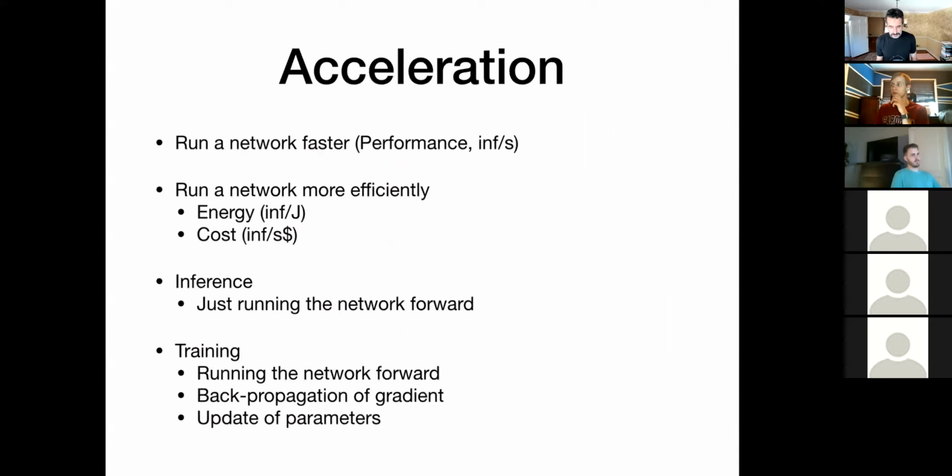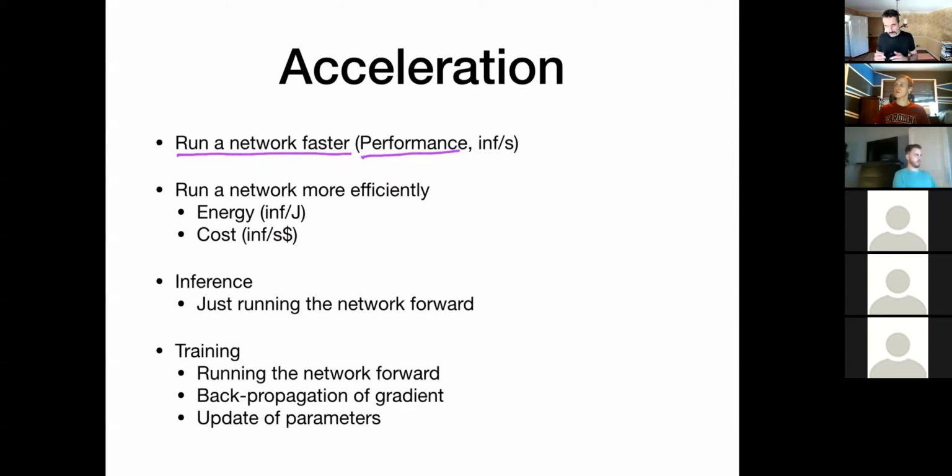The goal is really simple. We want to run the neural network faster. Basically, we want to get better performance, or you can think about it as throughput, right? You want to get more inferences per second, for example.